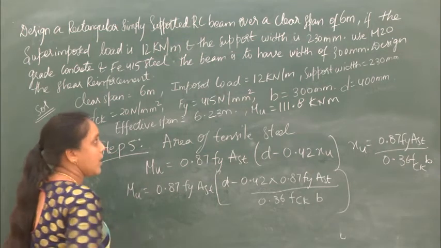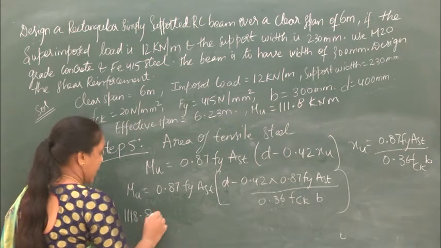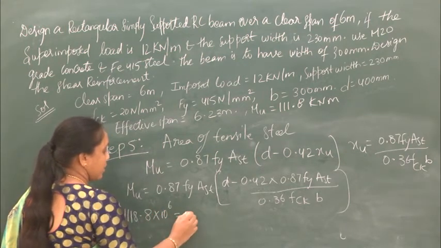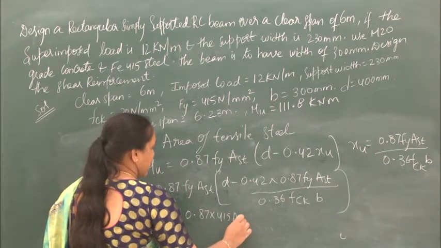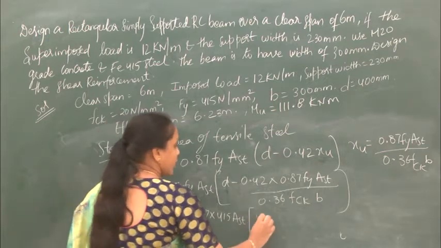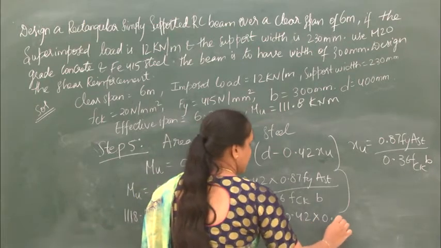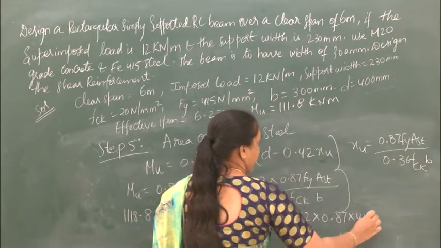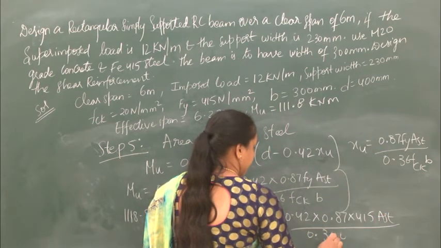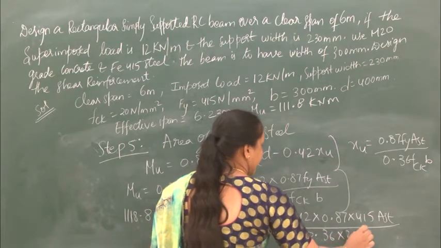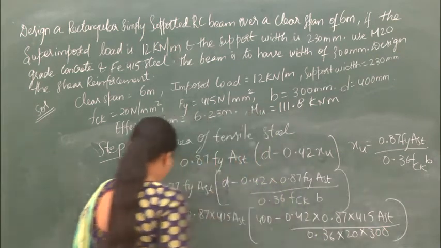So Mu, we have already calculated the value of Mu also, which is 118.8 × 10^6 = 0.87 × 415 × AST, which we have to calculate, × 400 − 0.42 × 0.87 × 415 × AST divided by 0.36 × 20 × 300.